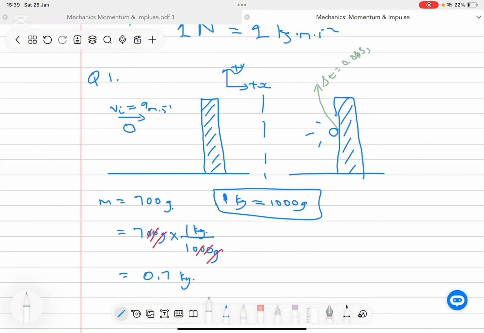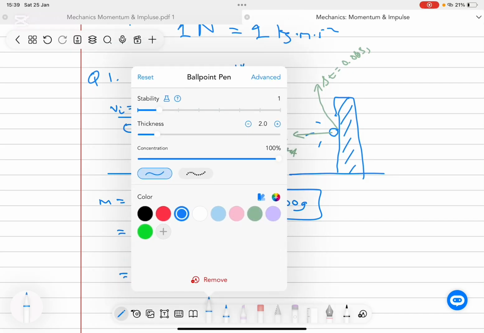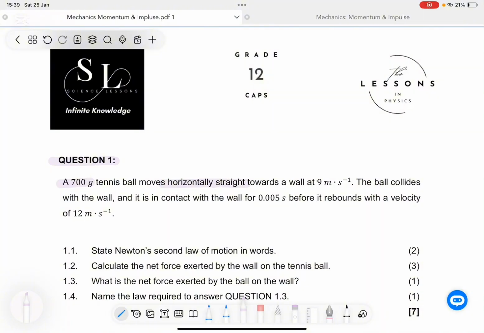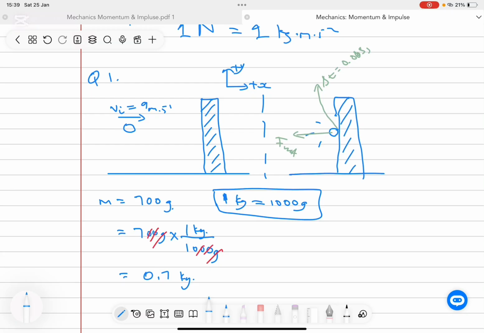During that time, the wall is actually exerting a force on the ball, F net. When it collides with it, it pushes the ball backwards. This is the reason why the ball will rebound. It will go back and reach that velocity of 12 meters per second.